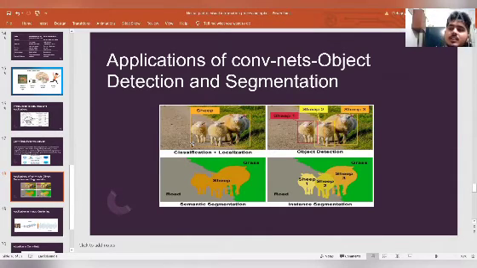In object detection, we mainly provide a bounding box on one of the objects, let's say a sheep, where we give the x and y coordinates of the upper left corner and the lower right corner. We basically transform this into a multi-object classification plus localization problem, where we can detect several objects present in the picture.